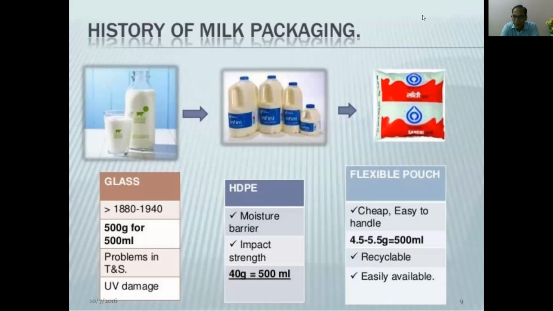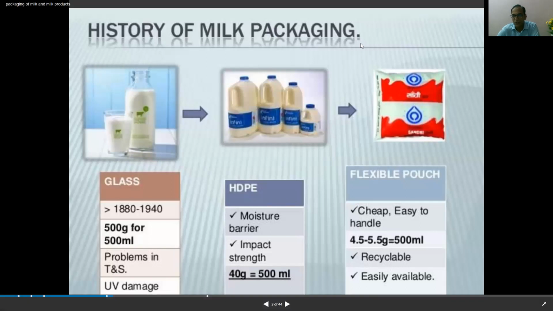And next day you go with the empty bottles and bring the filled ones. The process kept going till the plastic cans and later the plastic pouches were introduced. So glass, then high density polyethylene, and then the flexible pouches were introduced, and it is staying now.